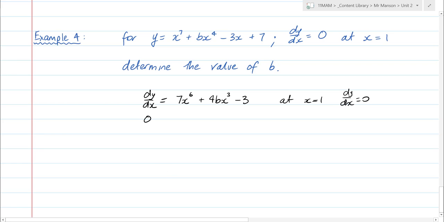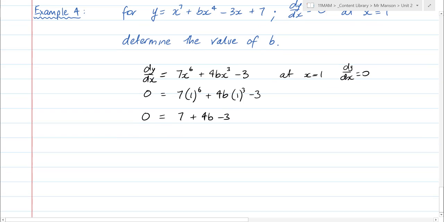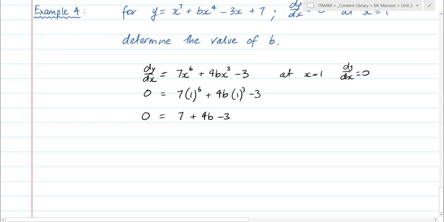So I get 0 is equal to 7 times 1 to the power of 6 plus 4b times 1 cubed minus 3. And that gives me 7 plus 4b minus 3 is equal to 0. And 7 minus 3 is 4. Subtract 4 from both sides, I get negative 4 equals 4b, and therefore b must equal negative 1.